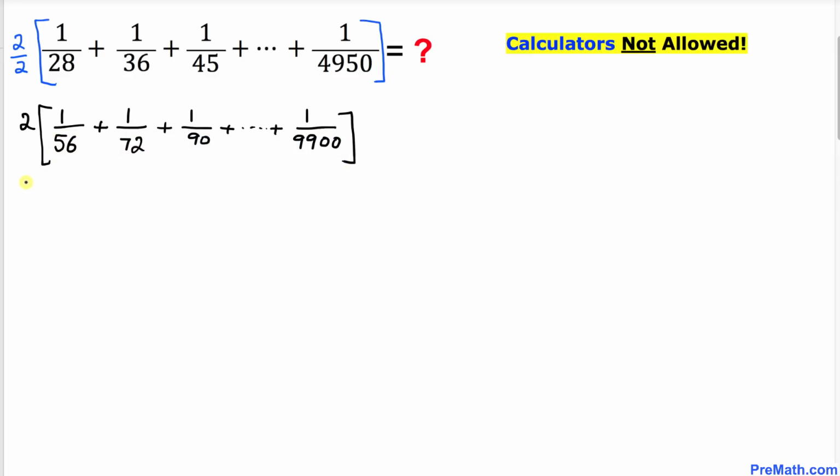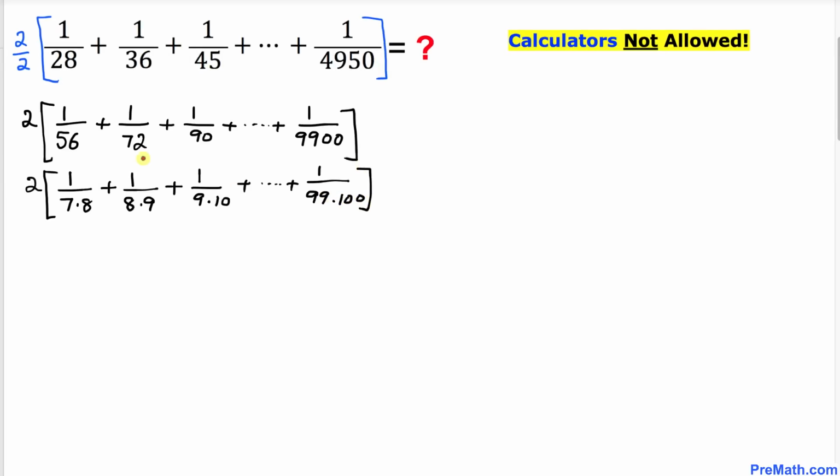So therefore, we can tweak these fractions as 1 over 7 times 8 plus 1 over 8 times 9 plus 1 over 9 times 10 plus all the way to 1 divided by 99 times 100.